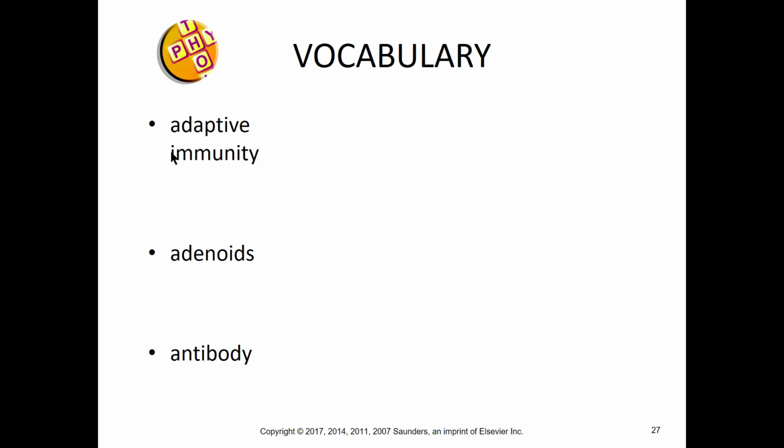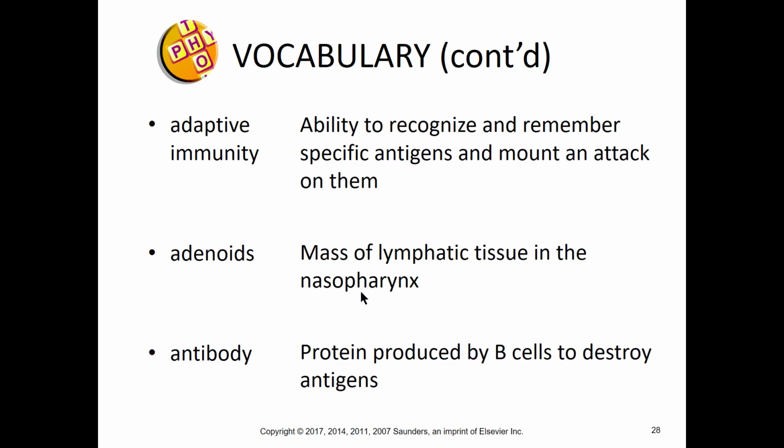Vocabulary: remember, adaptive immunity we discussed, adenoids and antibodies. Adaptive immunity is the ability to recognize and remember specific antigens and mount an attack on them. You have to know those keywords, guys. Humoral immunity, we saw this earlier, remember?